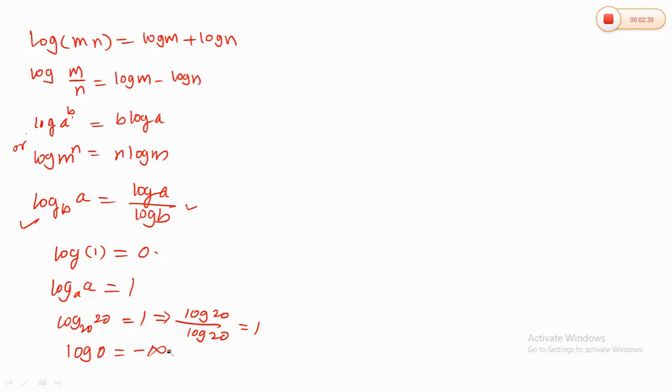Remember these values: sometimes we directly use log 1 equal to 0, log a to the base a equal to 1, and similarly log 20 to the base 20 is equal to 1. Log 10 is equal to 1, similarly log 100 equals 2.